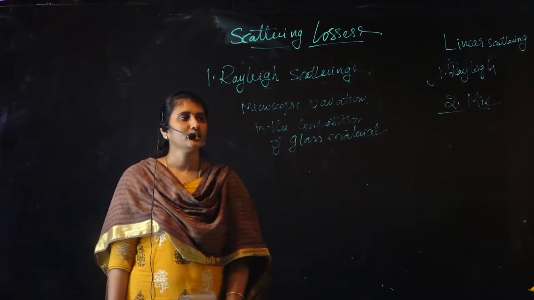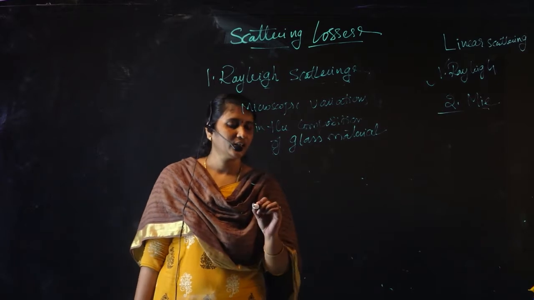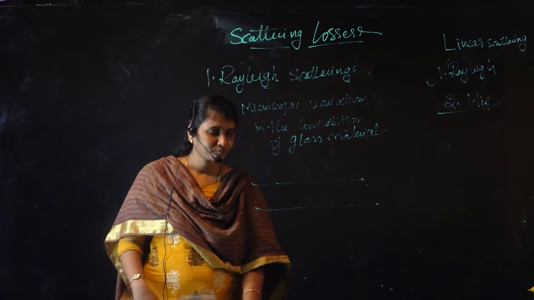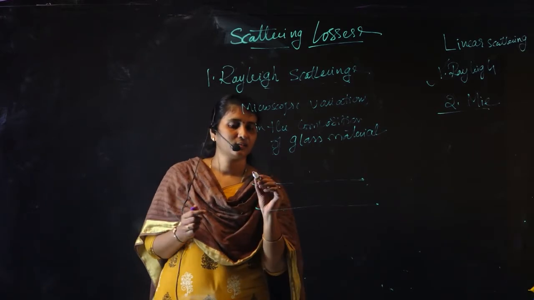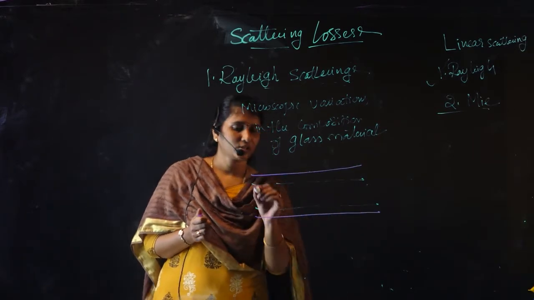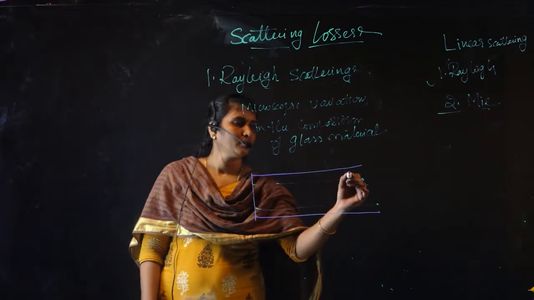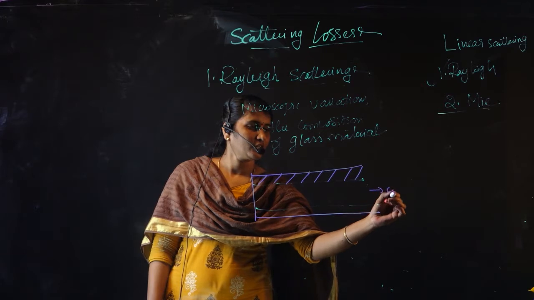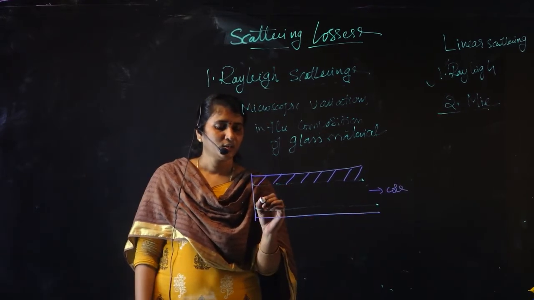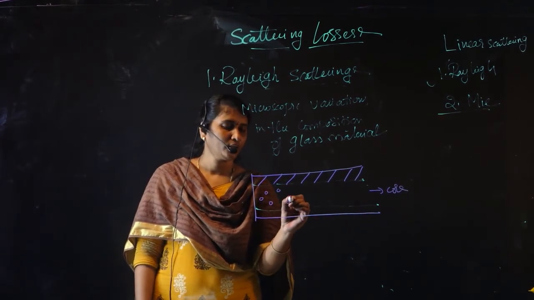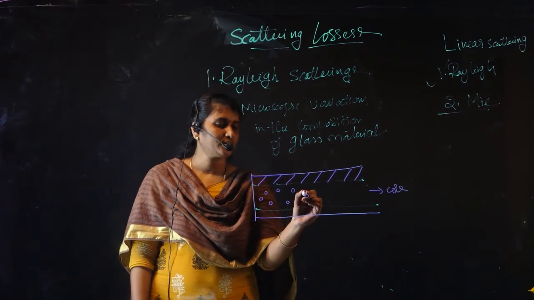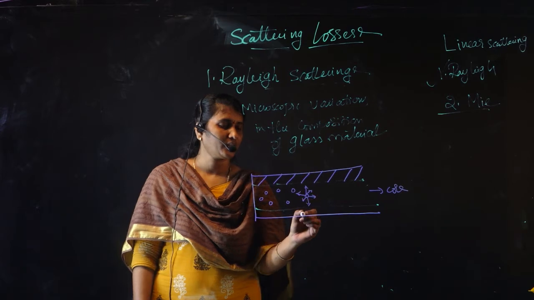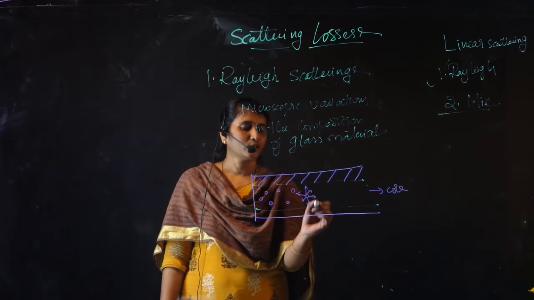Whenever the light traveling inside the glass material encounters such compositional variations, immediately it changes its direction. Suppose here I am taking an optical fiber. This is your cladding part and here it is your core part. Let these be the molecules. Whenever each molecule encounters Rayleigh scattering, immediately the light coming out from that particular molecule will be spreading out in this format.